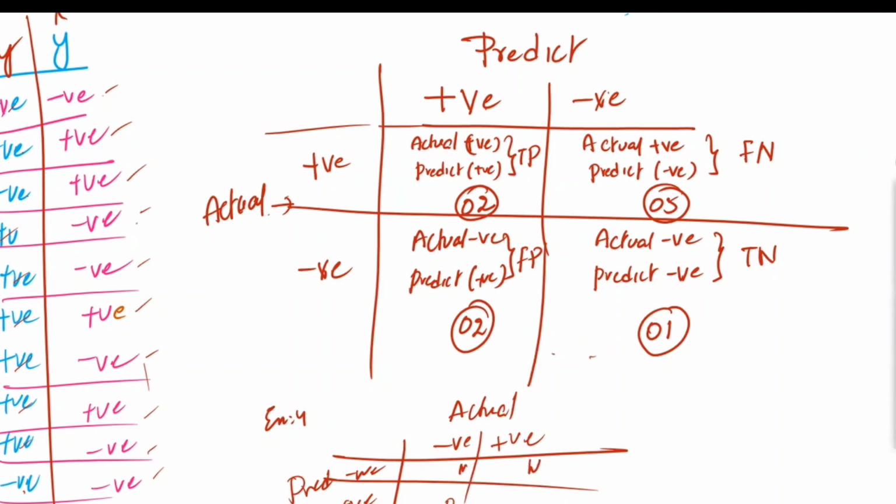NN, PP: same, T; same, T; opposite, FF. Completed. Just 5 seconds. 5 seconds is even more. It is completed in 2 seconds only. Right? So like this, you can create a table as per your choice.